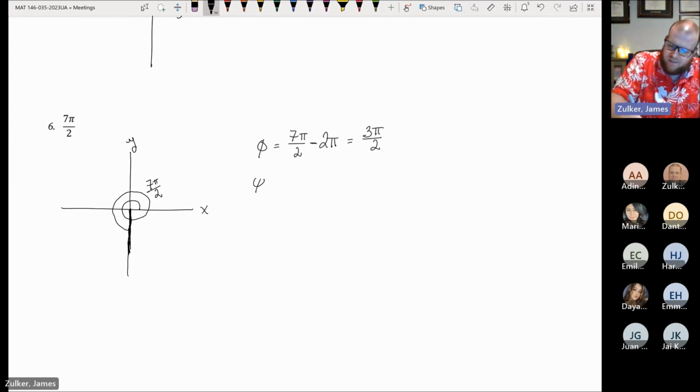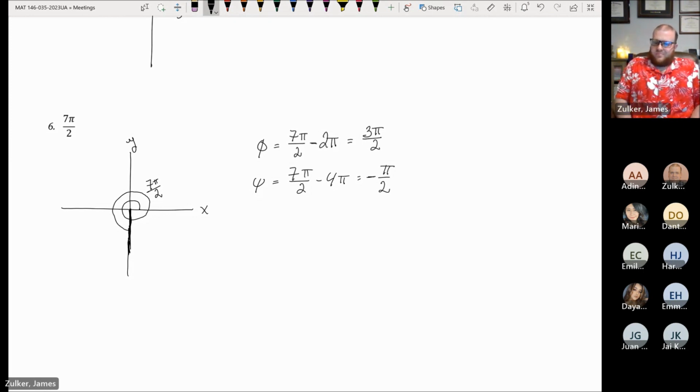For psi, if we just subtract 2 pi again, we would get negative pi over 2 as a negative coterminal. And 11 pi over 2 is also a positive coterminal.